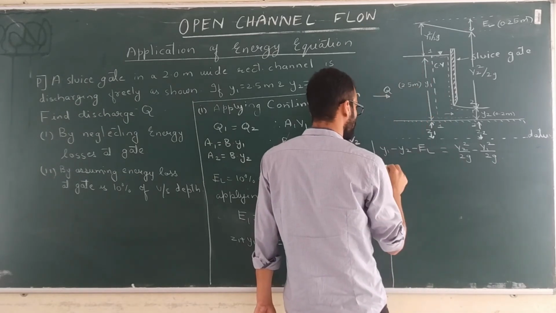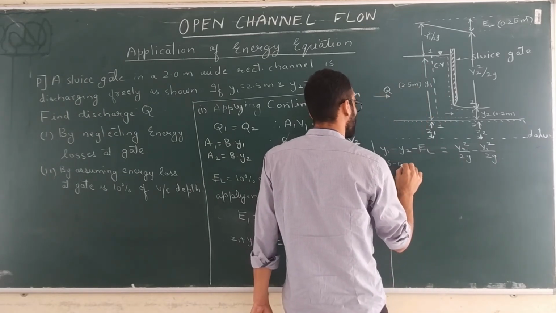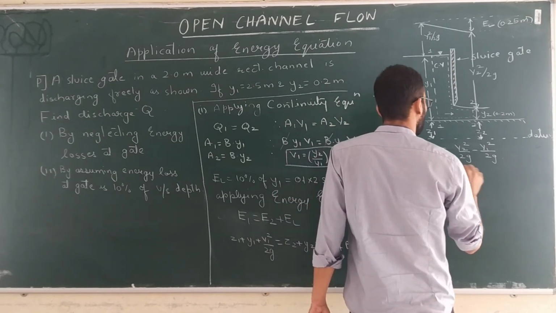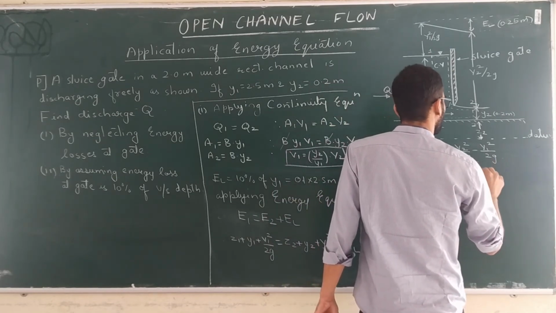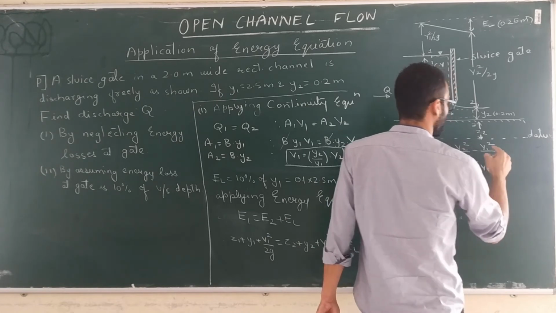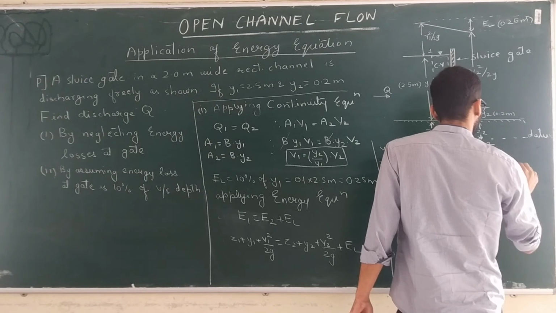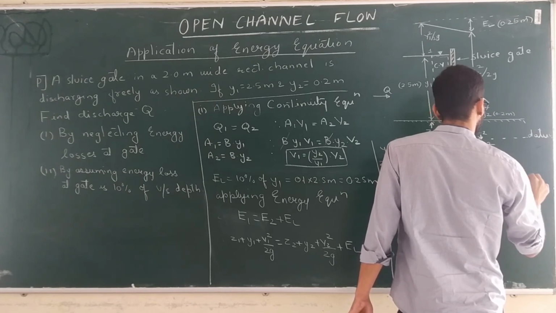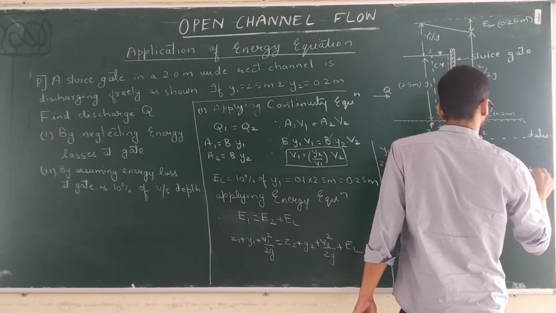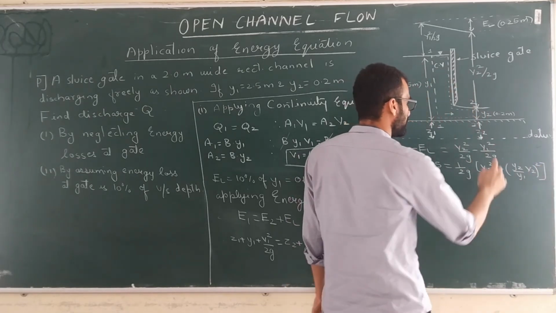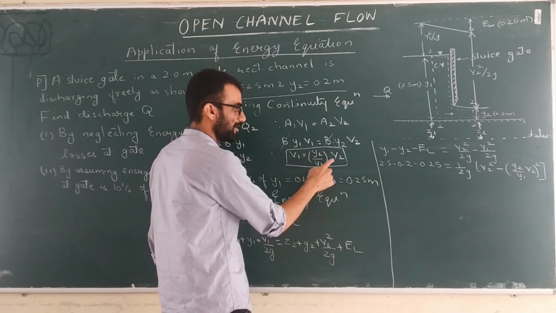Again, Y1 minus Y2 minus EL is 2.5 minus 0.2 minus 0.25, which equals 1 by 2G times V2 square minus V1 square. How can you write this? In place of V1, you can write V1 in terms of V2: Y2 by Y1 into V2, whole square.